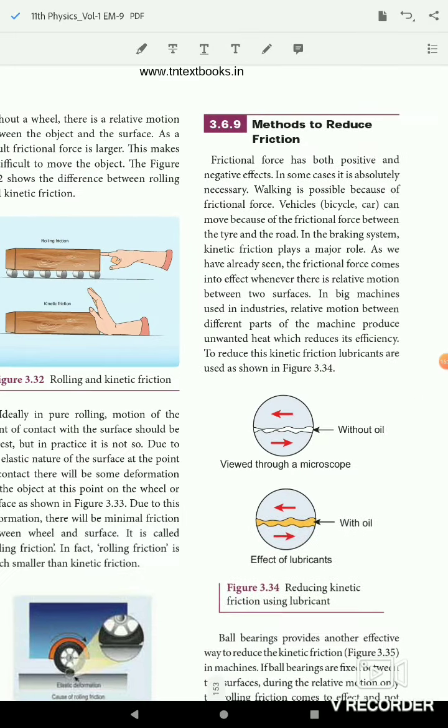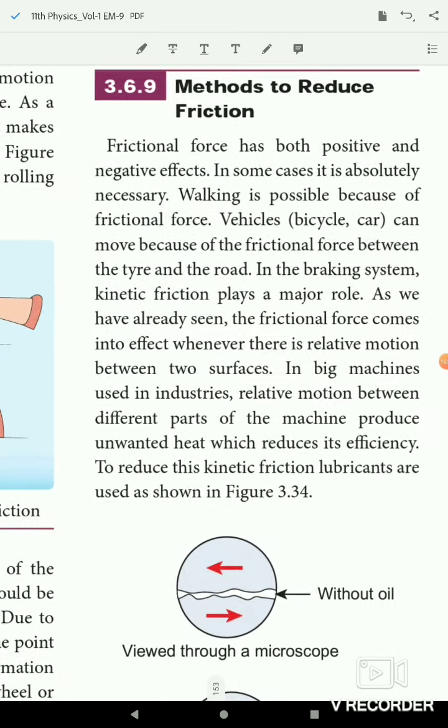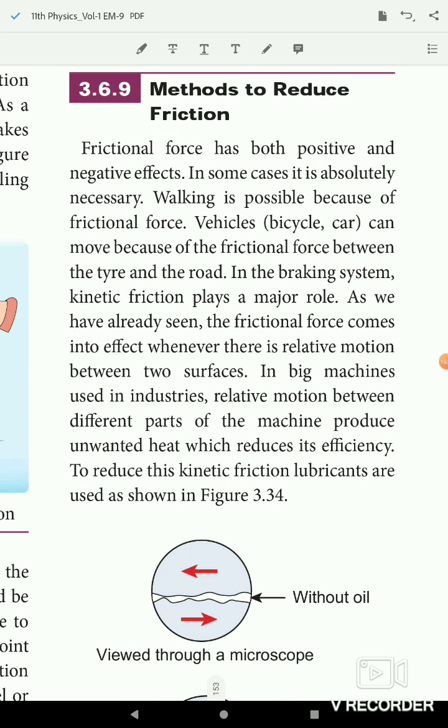Then, methods to reduce friction. Frictional force has both positive and negative effects. In some cases it is absolutely necessary: walking is possible because of frictional force. Otherwise, we would be walking on a smooth surface slipping.